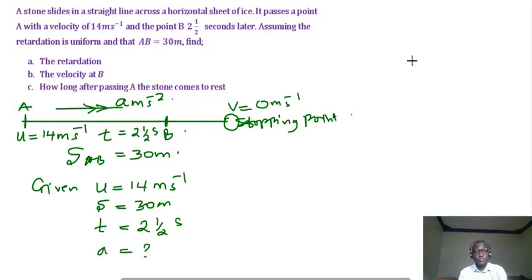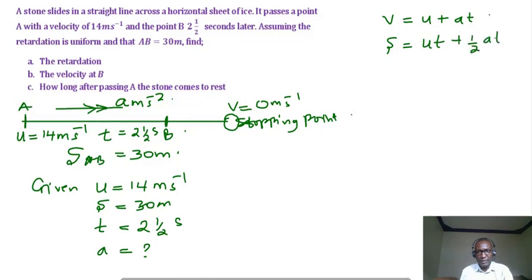Alright, we have to look for a suitable equation to use in finding this value of retardation. So our equations were v is equal to u plus at, and the displacement is equal to ut plus a half at squared.